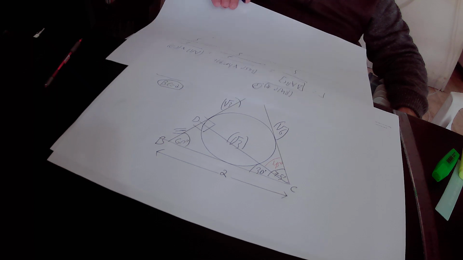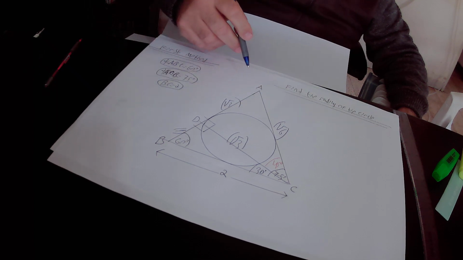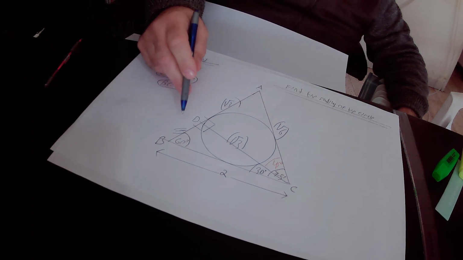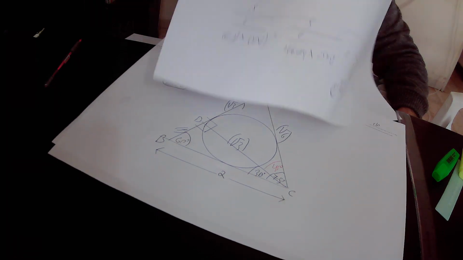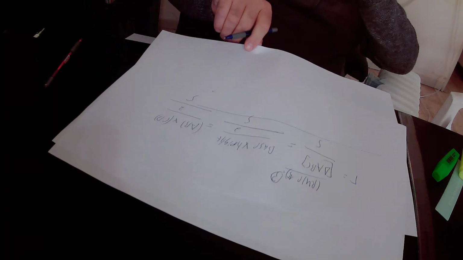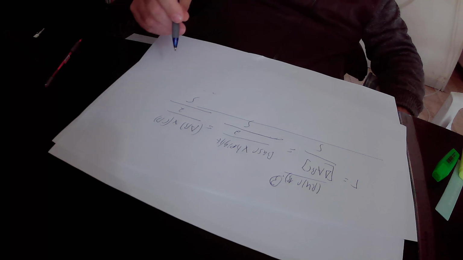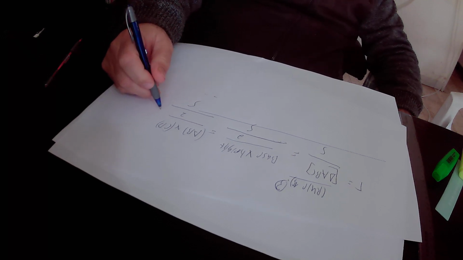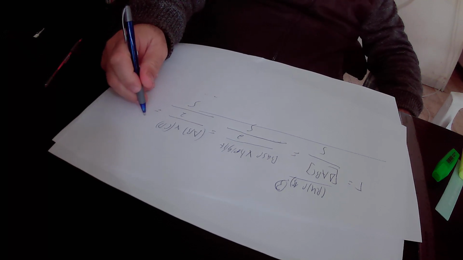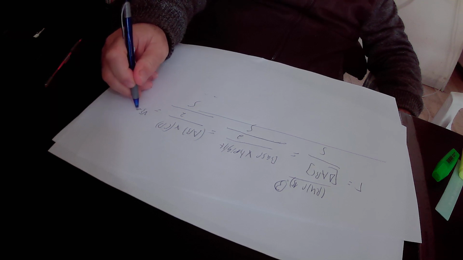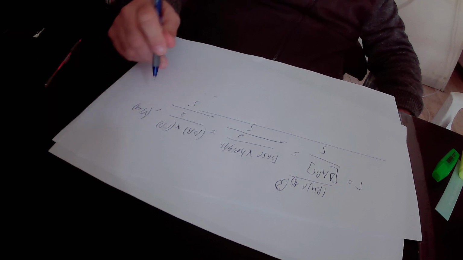So AB is the square root of 3 plus 1, times CD.